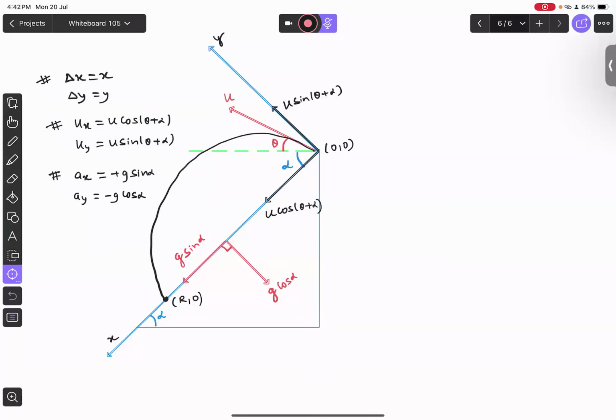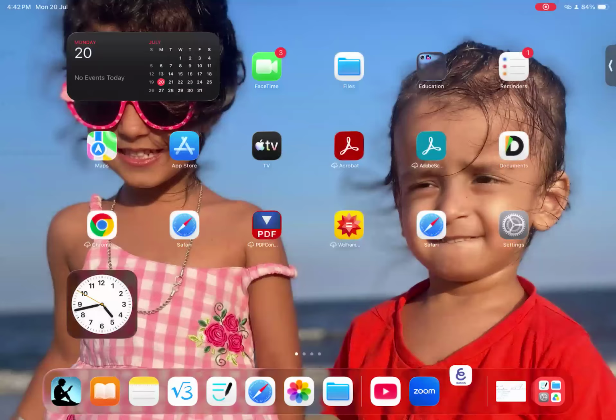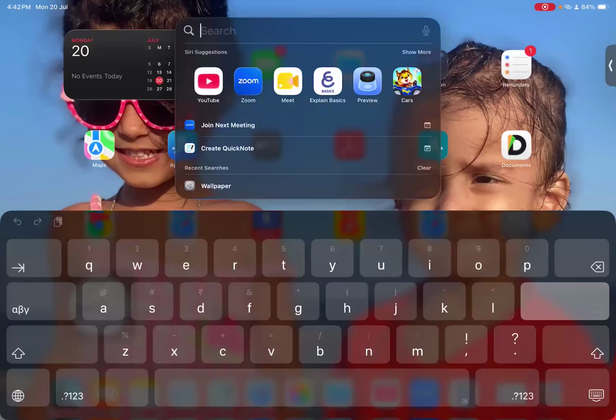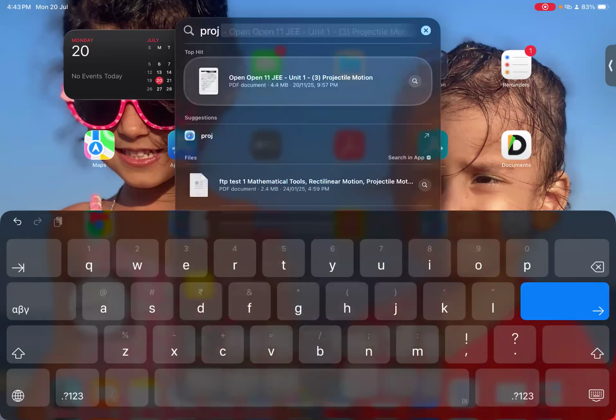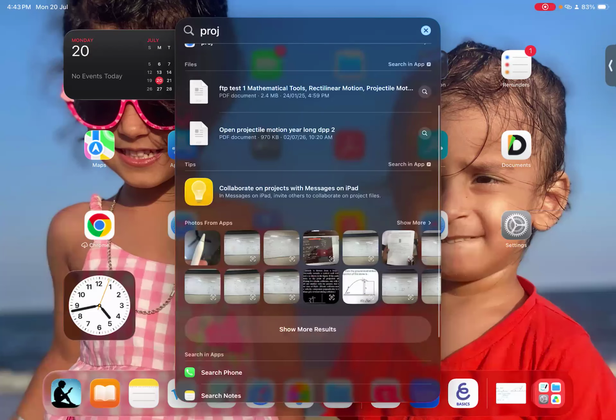Sir, module question, sir. Tell me which module. Exercise 1, question number 11, sir. Which module? Projectile relative motion. Which one? Vertical, sir. Give me 1 second, I'll look in the module.